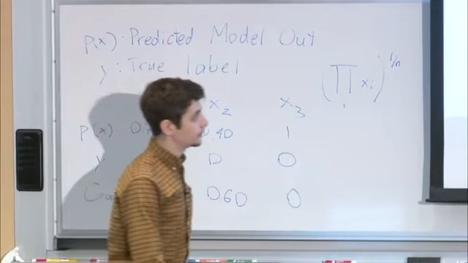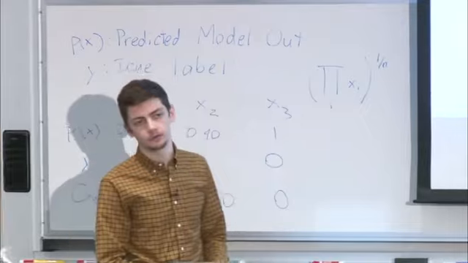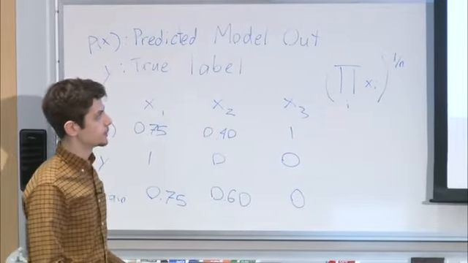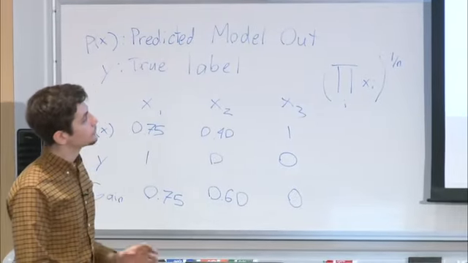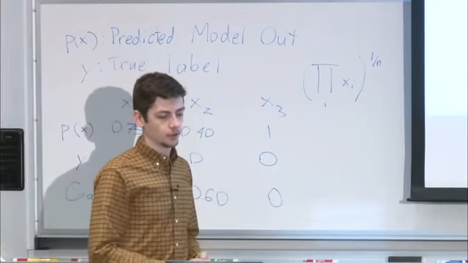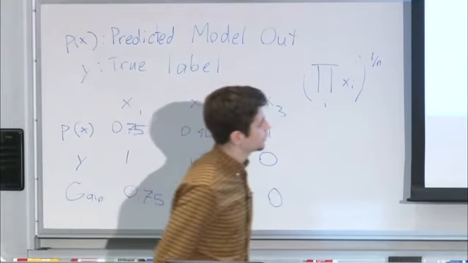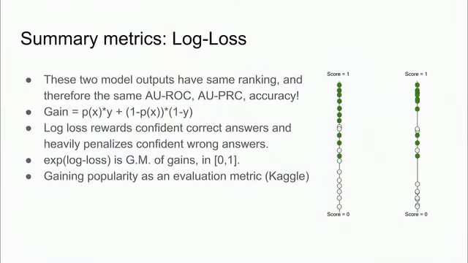So you better be sure when you're confident. And this tends to produce well-calibrated models, which is something that we're exploring in problem set 2. And so you can see why you would really want to make sure that you're confident only in the predictions that you're actually confident about. And this kind of log loss is basically gaining a lot of popularity for these reasons in Kaggle.